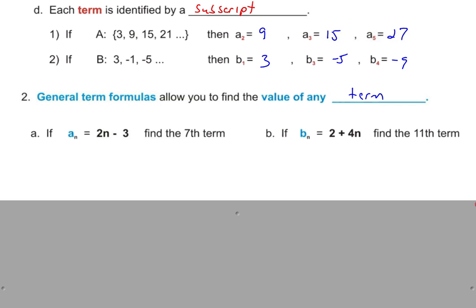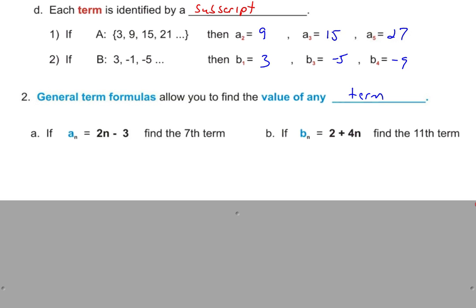Anybody remember which one? Recursive or explicit? General term formula? You had a 50-50 chance. It actually goes with the explicit formula. Again, we'll talk more about that when we get to next chapter. But here's how you're going to use the general term formula. It's really, really easy.